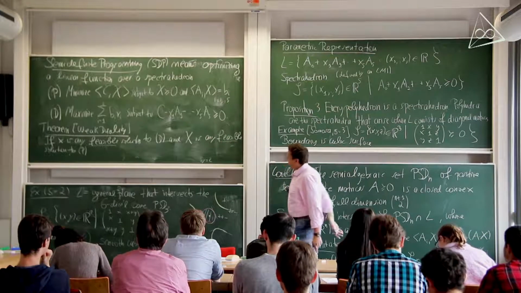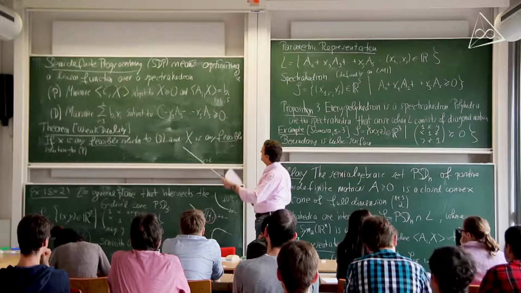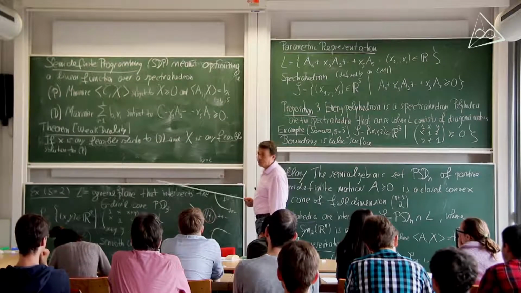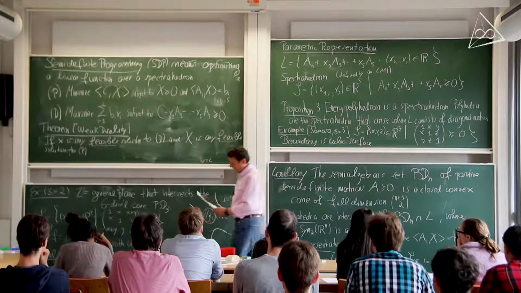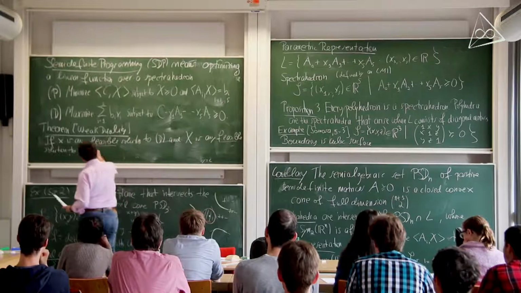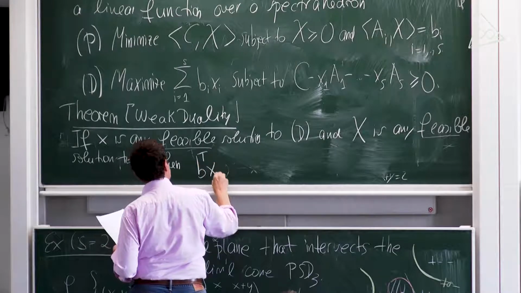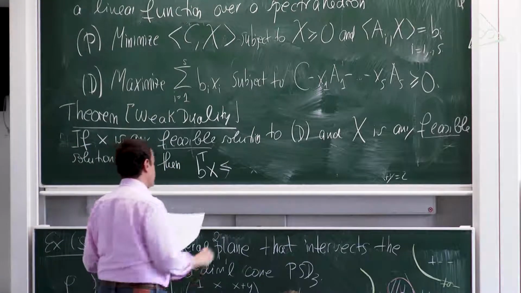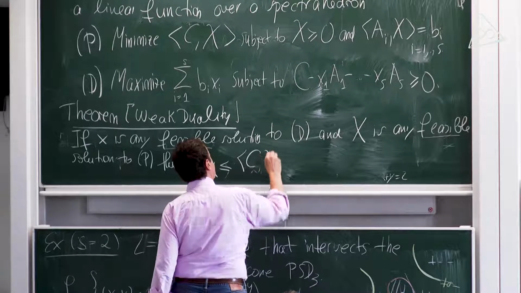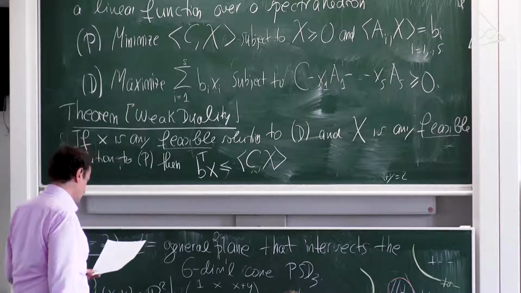And big X is feasible if X is positive semi-definite and satisfies these equations. That's a feasible solution. It could be very, very far from optimal. But if there are any two feasible solutions, then the objective function value of the feasible dual solution is bounded above by the objective function value of the primal solution.